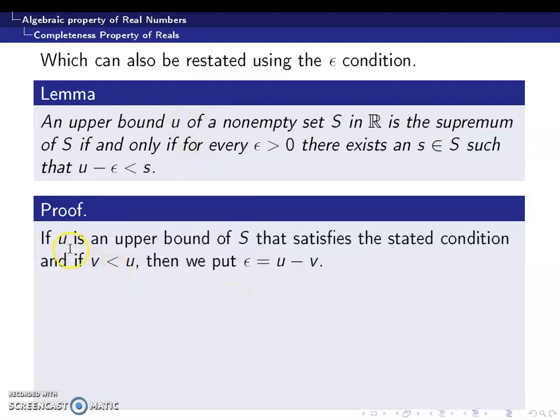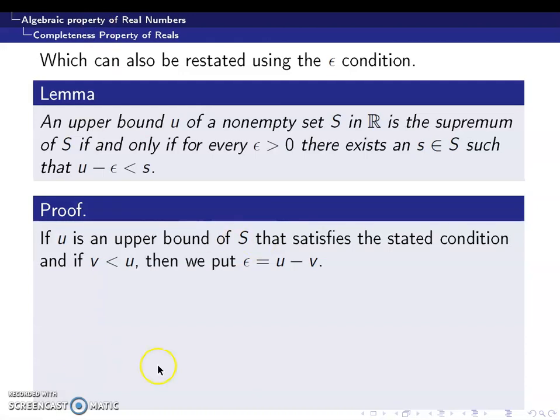So first assume that U is an upper bound of the set and satisfies the stated condition. That is, U minus epsilon less than s less than U for every epsilon greater than 0, which is the stated condition.